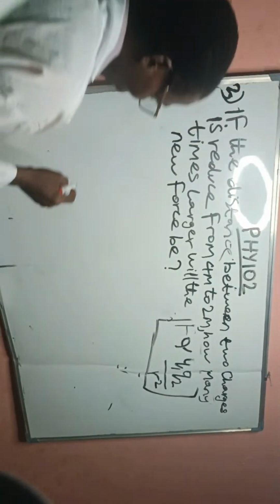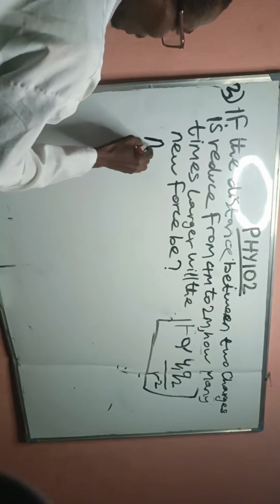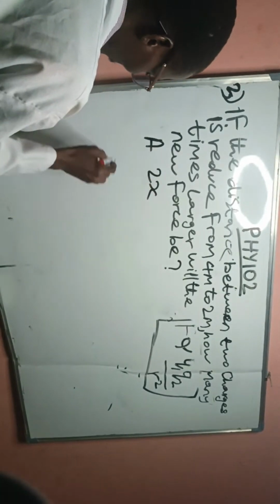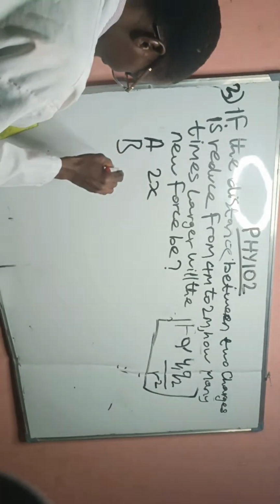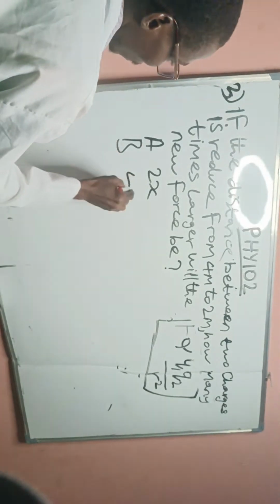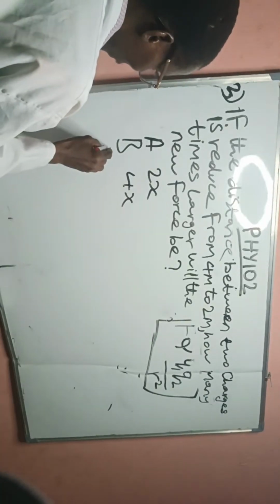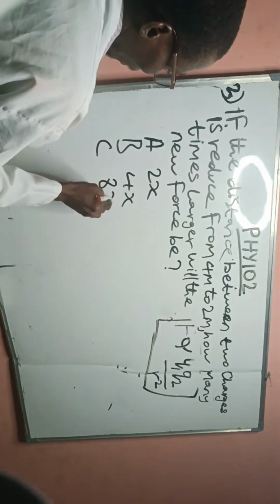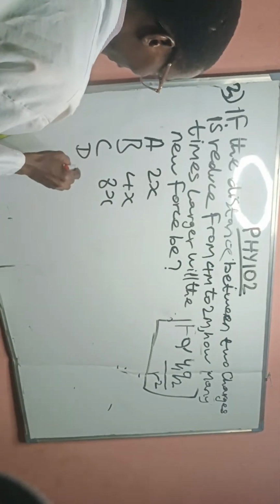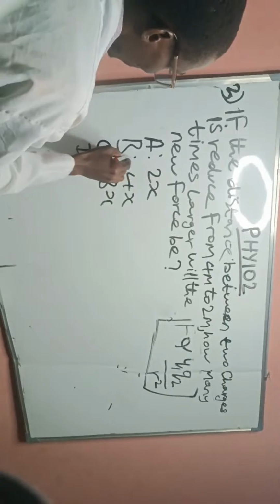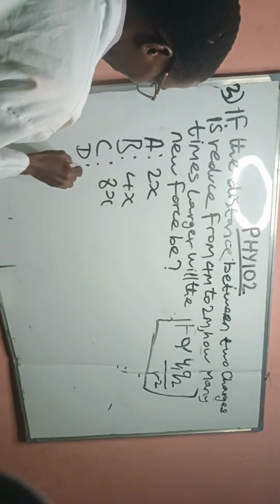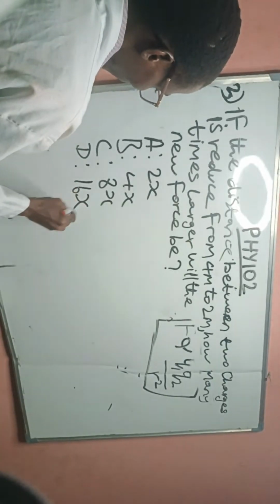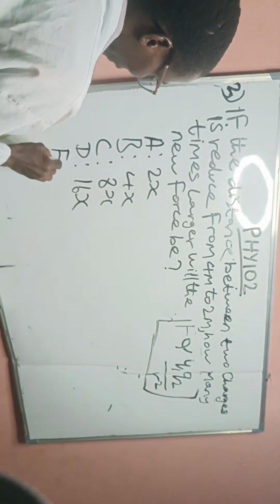I have options. Option A, 2x. Option B, 4x. Option C, 8x. Option D, 16x.